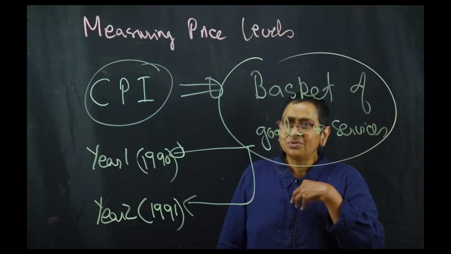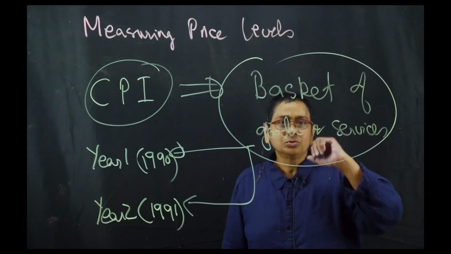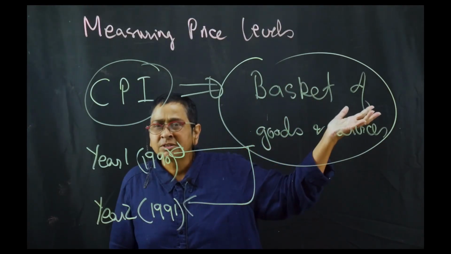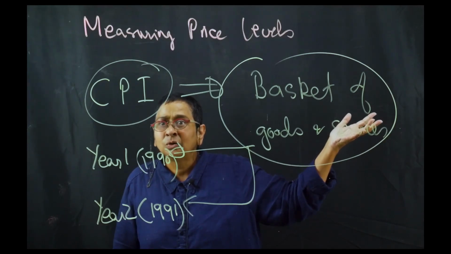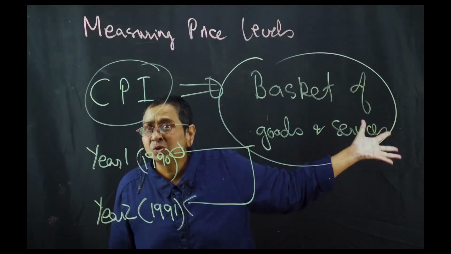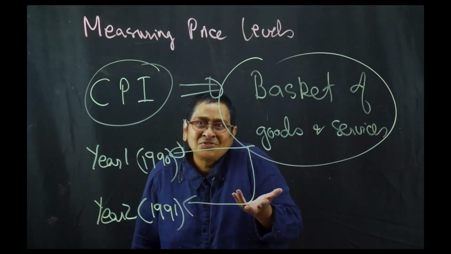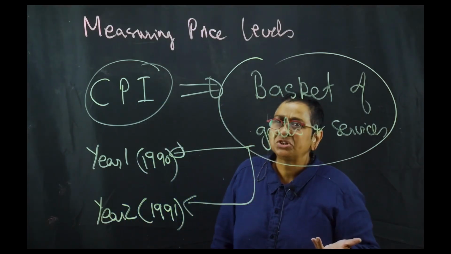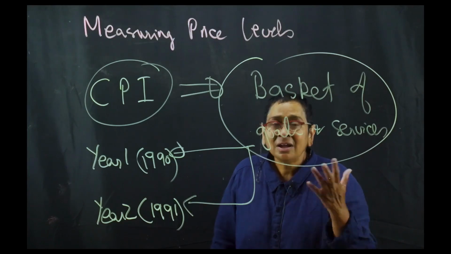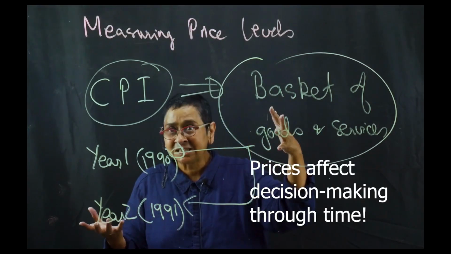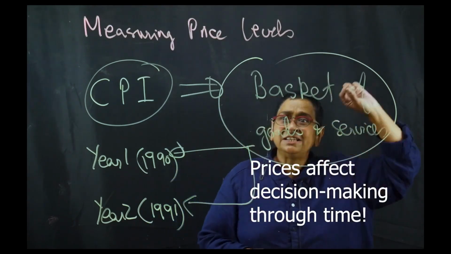I borrowed money from you and I said, oh, I'll give you $10 interest 2 years from now. I gave you the $10 interest, except that by the time you got the $10 interest 2 years from now, that was hardly able to buy anything because the prices went up so fast, right? And so that means that that future interest payment's not going to be that valuable to you. Right? So there are financial market impacts because prices actually affect decision making that takes place through time.